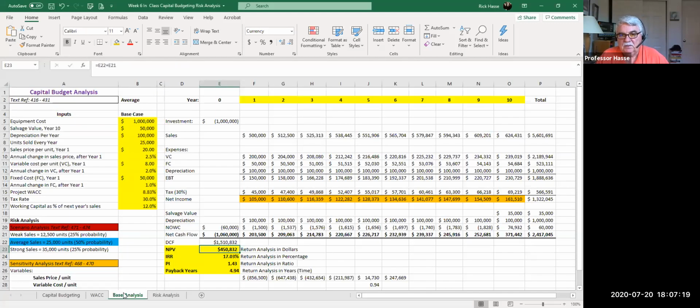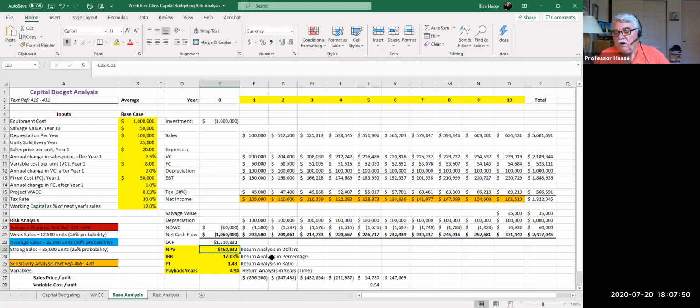Then we did what is called a base analysis, what we think is going to happen with that investment and the returns it plans on making over the expected depreciable life of that asset. And we looked at the 4 methods of determining return: net present value, internal rate of return, profitability index, and payback.